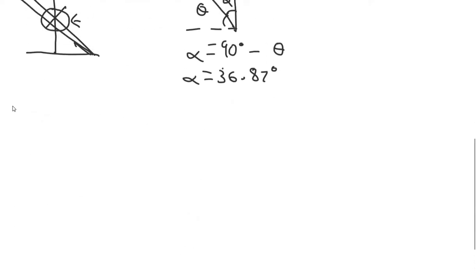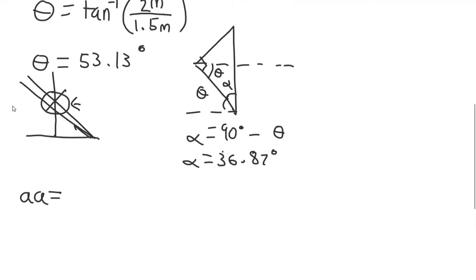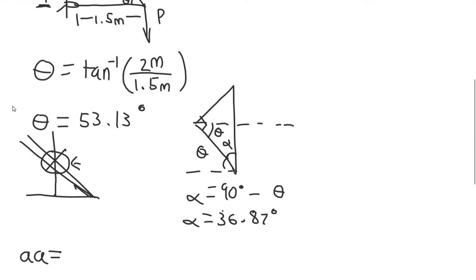Using that, we can find AA now. AA is equal to, this right here is AA, and this is 25 millimeters right here.